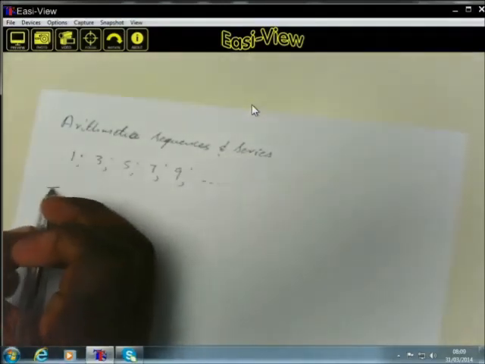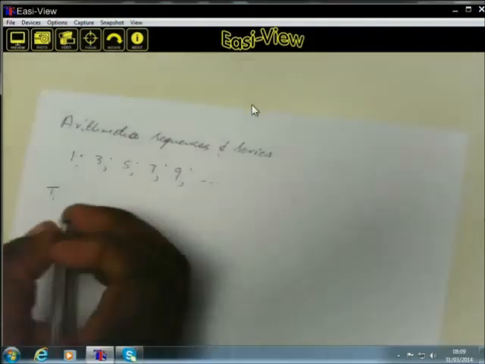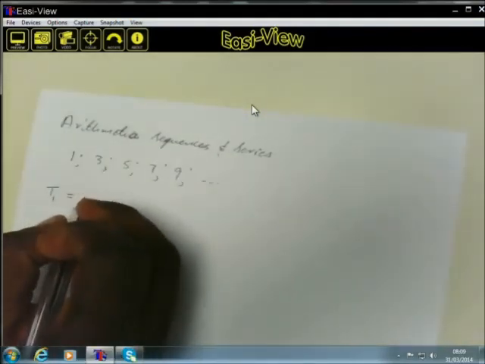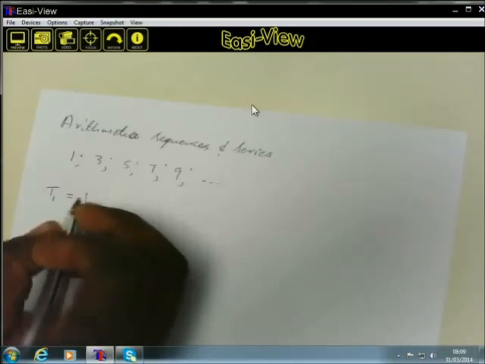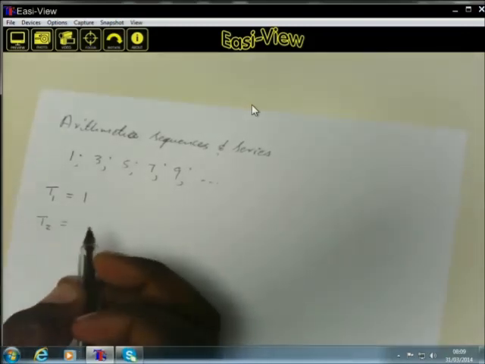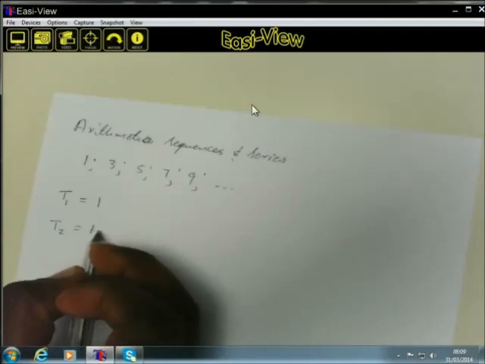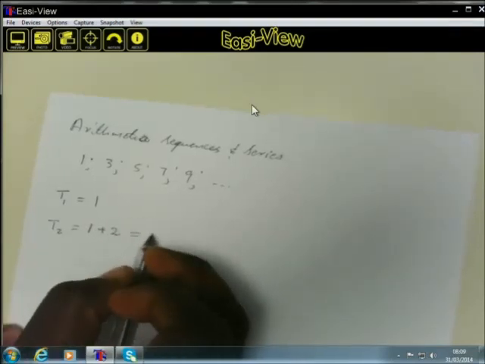When you look at this pattern here, 1 is what we call the first term. In other words, T1 is equal to 1. And then term number 2, T2, will be equal to, remember from the previous exercise, we said b here is equal to 2, and this 2 is the common difference. So the second term will be the first term plus 2, which is equal to 3.